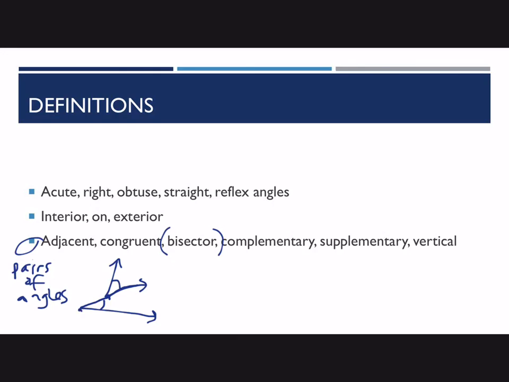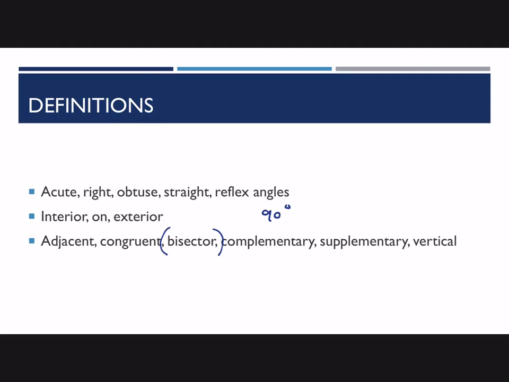Congruent angles are ones that have the same measure. Some congruent angles are also adjacent, and some adjacent ones are congruent, but it doesn't necessarily have to be both of those two things. So you can have congruent angles that are not next to each other. Complementary angles have degrees that add up to 90, so their sum is 90 degrees.